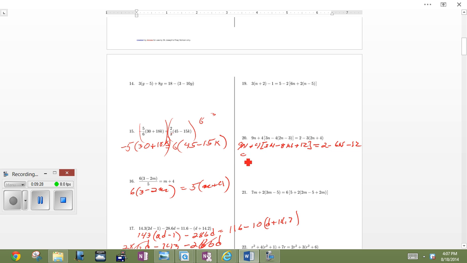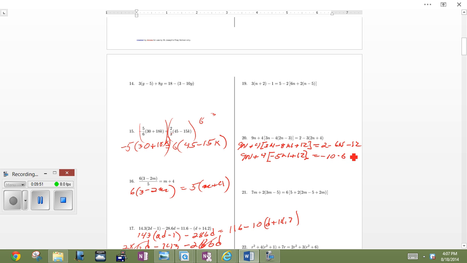Okay, now, next thing, let's just kind of join some things up. We got a 4 going to go outside of there, but I've got a 3n minus 8n, so that's negative 5n. We've got that 12 coming down. Equals, on the other side, I have 2 minus 12, so that's negative 10, of course.